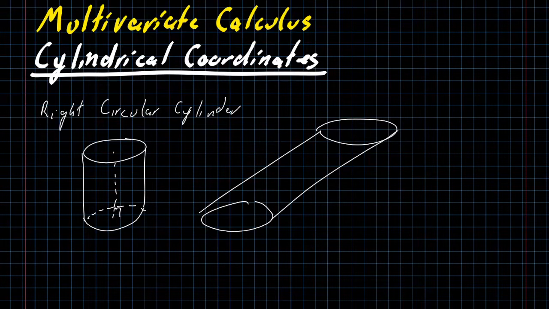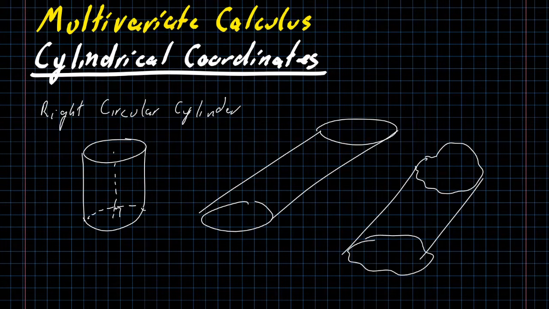Well, even that's not strictly necessary. We can make the top of the cylinder any shape we want, as long as the bottom is the exact same shape. And that's very difficult for me to do, so forgive the fact that those don't really look the same, but let's pretend the top and bottom are the same shape.